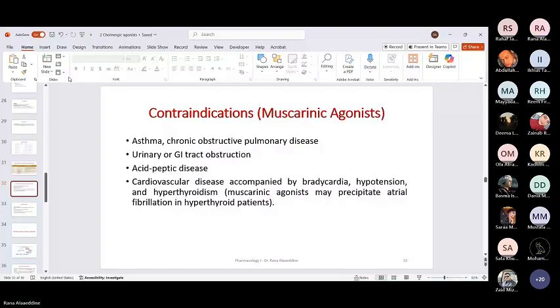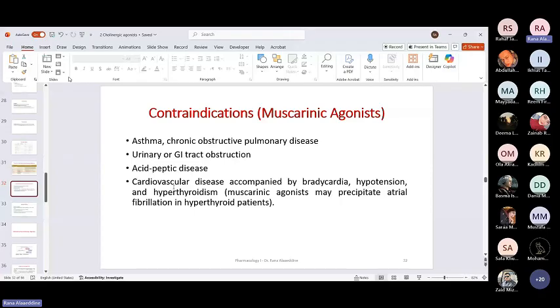Guys, do you know the meaning of a contraindication? An indication of a drug is a use.